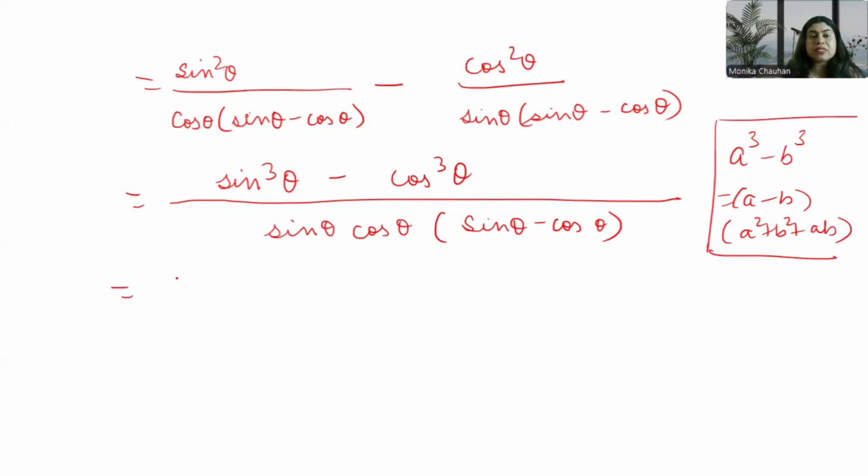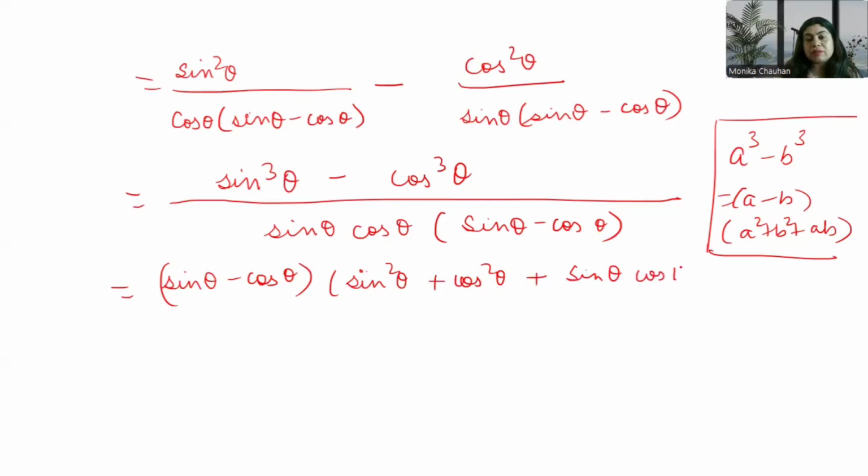So my first is a − b, so a − b will be sinθ − cosθ. And in the other bracket, it is sin²θ + cos²θ, and plus ab, so that is sinθ cosθ. I hope you have understood how we have used this.